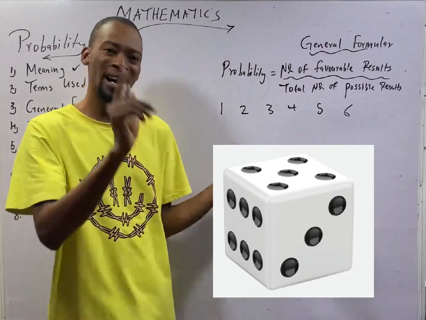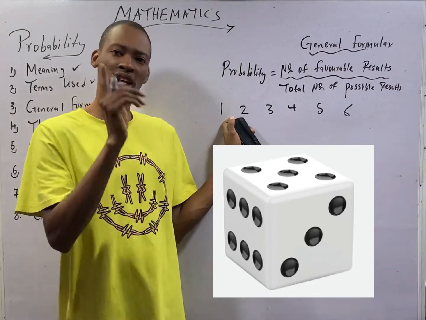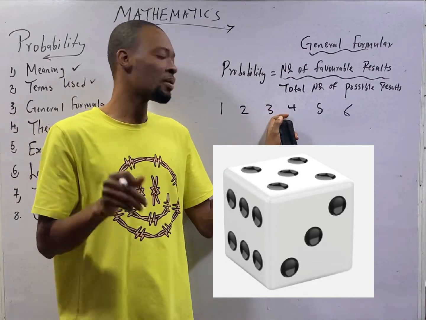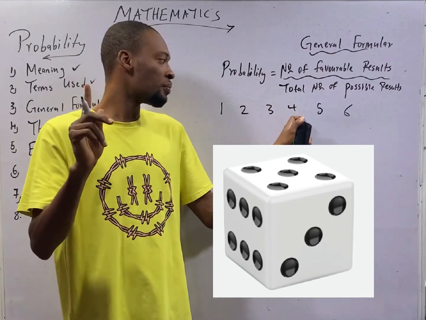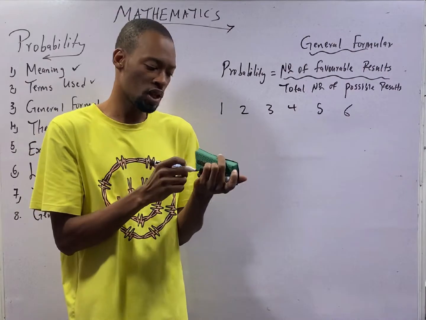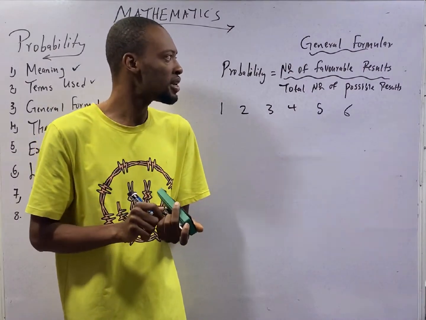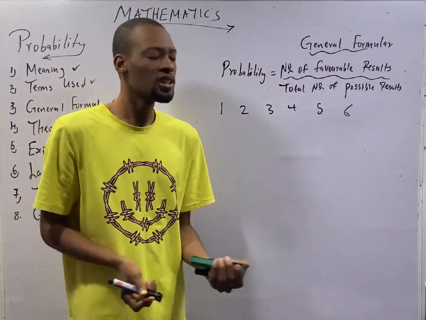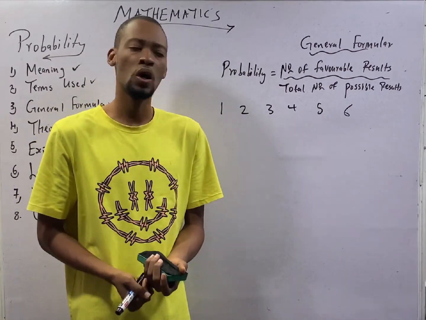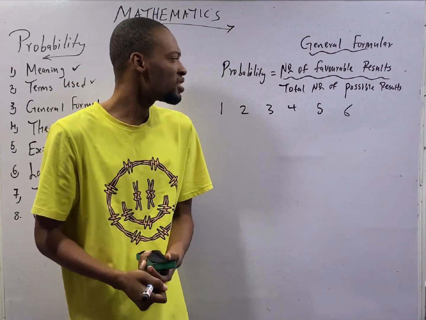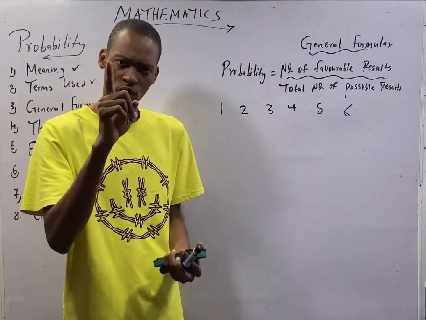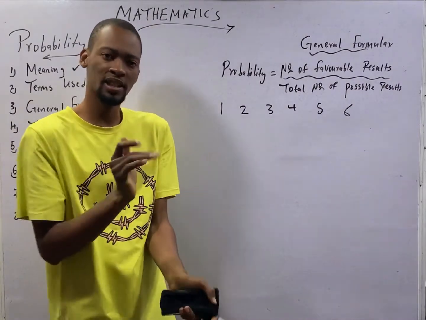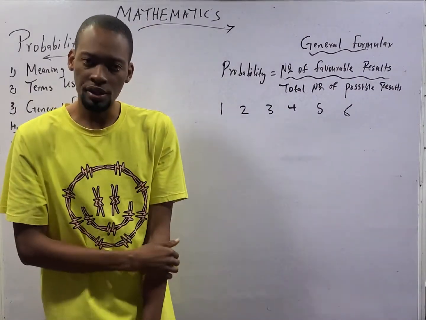And for one throw, 1 can only appear once, 2 can only appear once, 3 can only appear once, 4 can only appear once, 5 can only appear once, and 6 can only appear once. So, if I say a die was thrown once, what is the probability of getting a 3? Which means, what is the probability that 3 will show up?